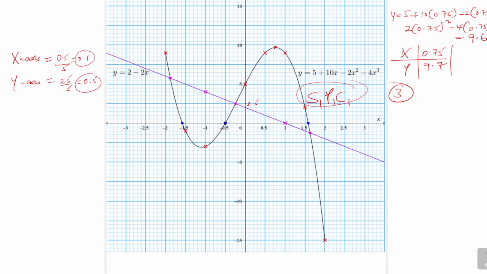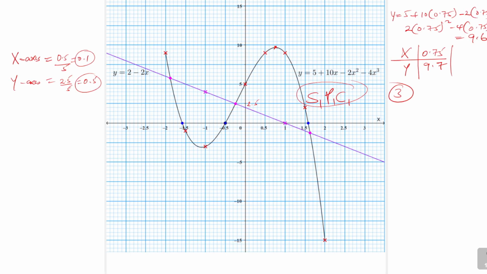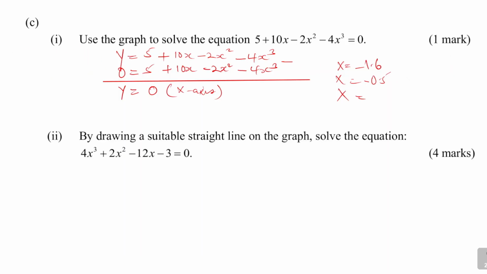That one is negative 0.5. And then the last point is here. This is the other point. And that one is 1.6. So these are the three solutions that you get from the curve.